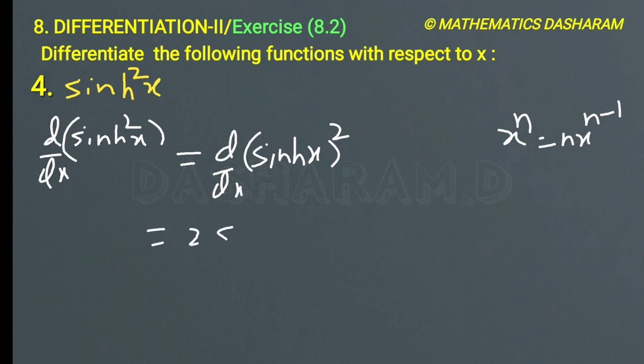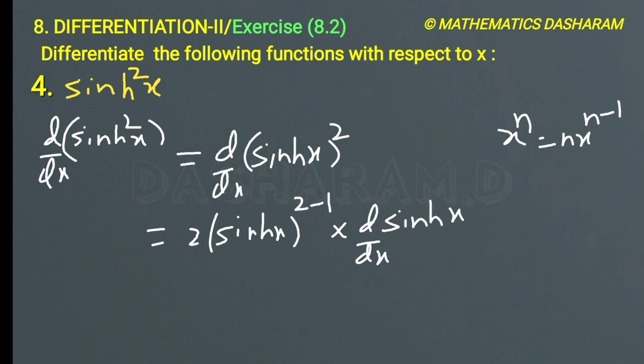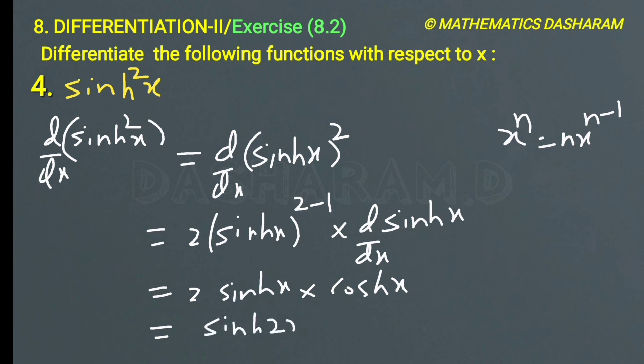So then 2 into sinh x whole power 2 minus 1 into the derivative of another function, that is sinh x. Now 2 into sinh x into the derivative of sinh x, which is cosh x. So 2 sinh x cosh x is the sinh 2x formula. So this is our required answer.